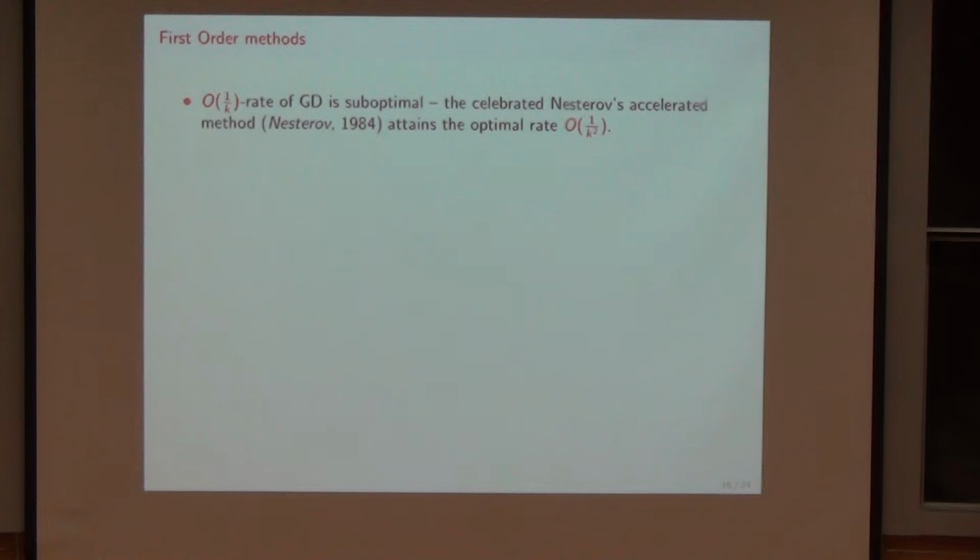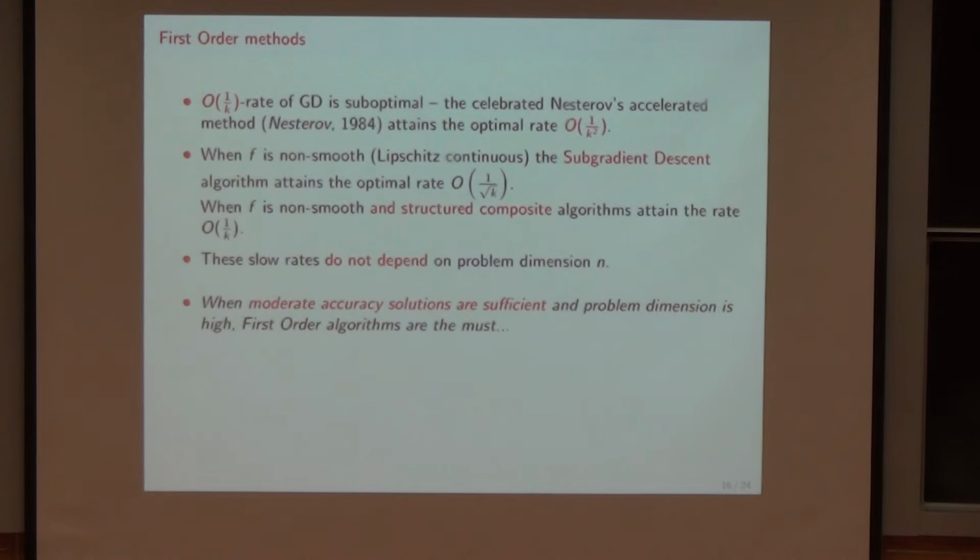For instance, the Nesterov result of 84: actually gradient descent is not optimal for smooth optimization, and the optimal algorithm has a rate of 1 over k squared. In 84, Yuri Nesterov developed the optimal algorithm, and it was unused until the beginning of 2000. Now if you type Nesterov optimal accelerated gradient algorithm, you will get, I don't know, 10,000 hits.